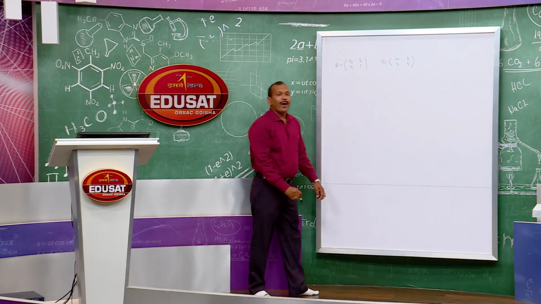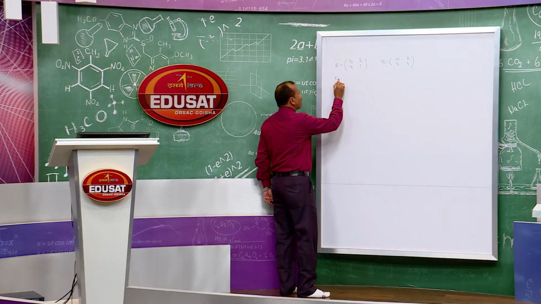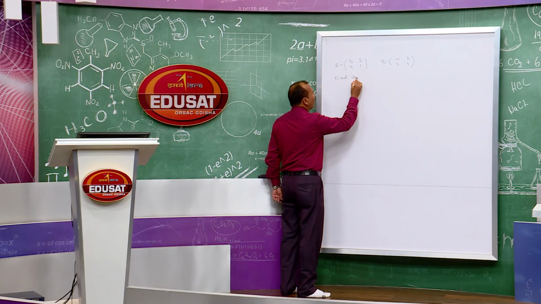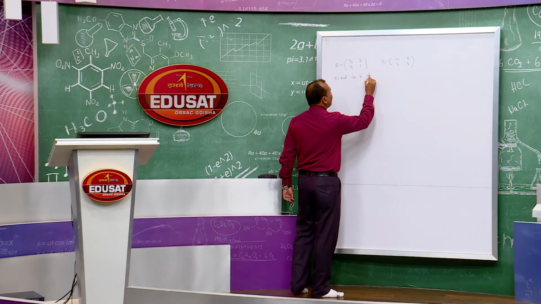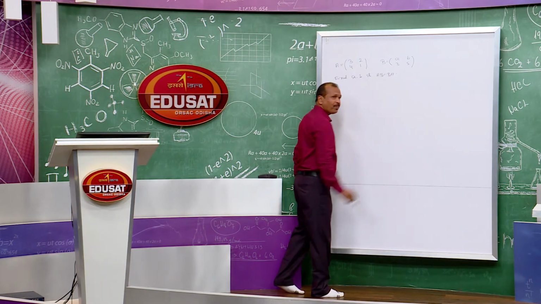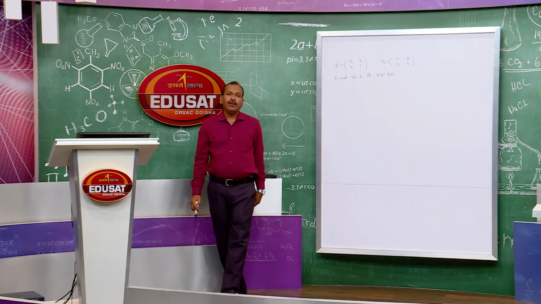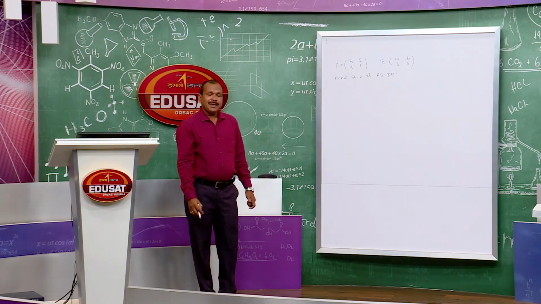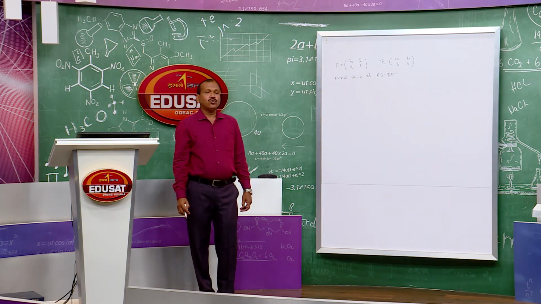We have to find the values of a and b if AB is equal to BA.